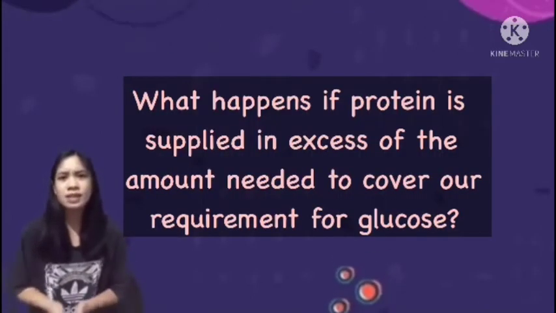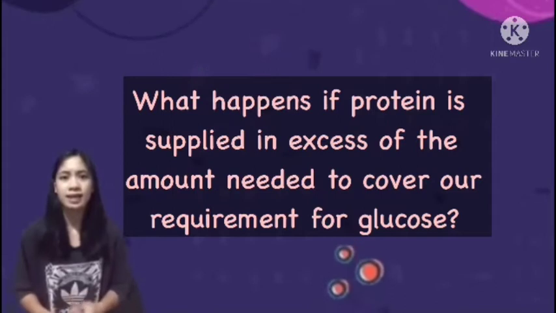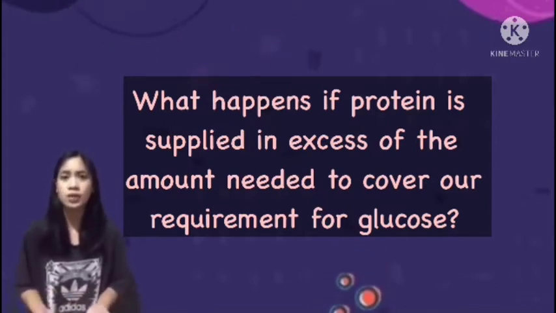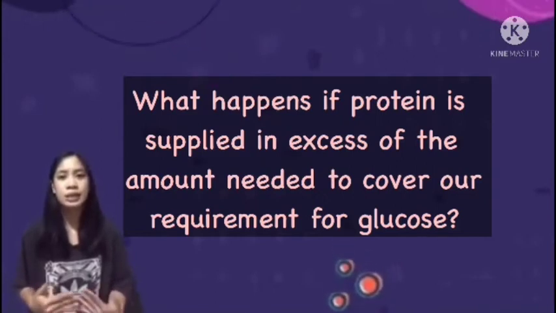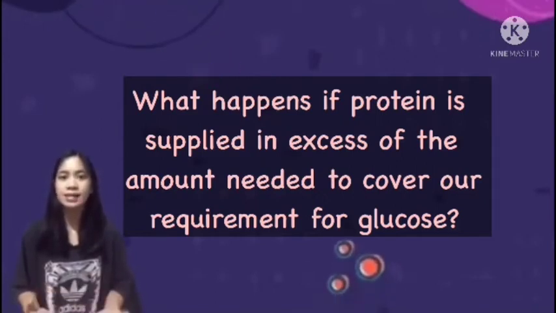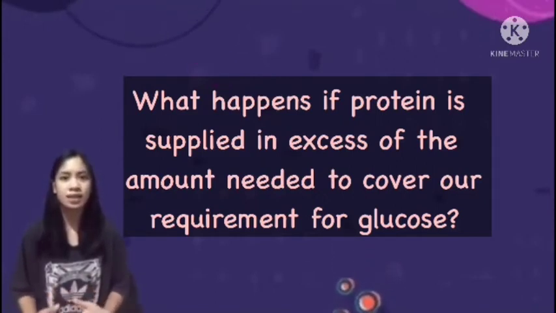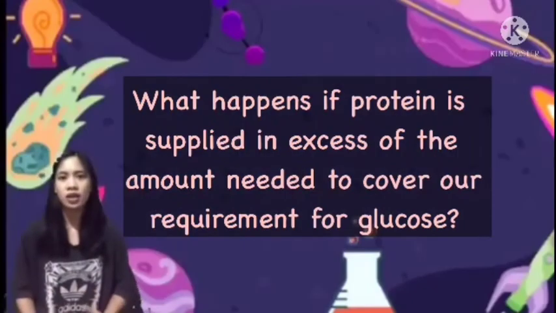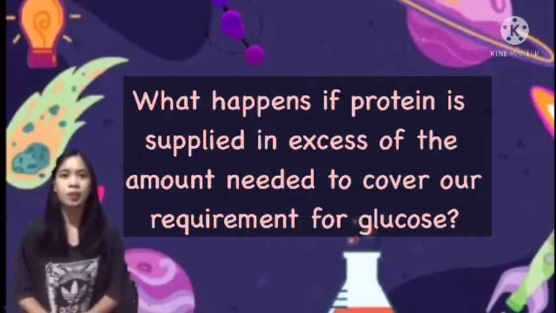What happens if protein is supplied in excess of the amount needed to cover our requirement for glucose? Well, the liver in principle contains the enzyme activities required to oxidize the surplus carbon. Measurements of the liver's overall oxygen consumption indicate that most of the carbon must be disposed of elsewhere.